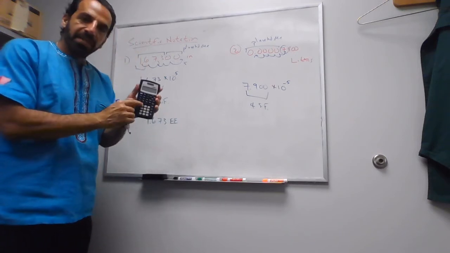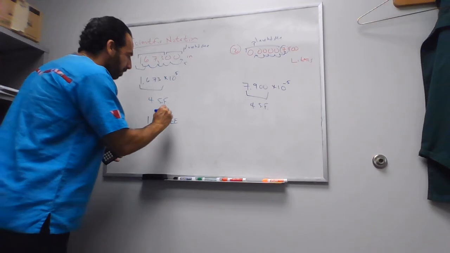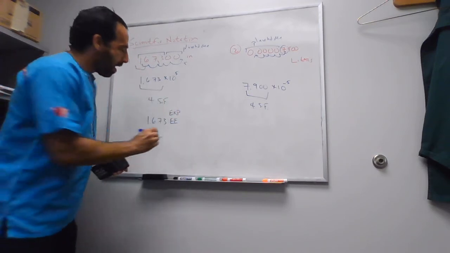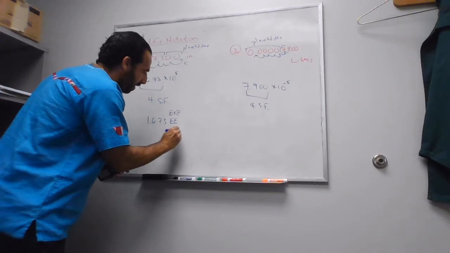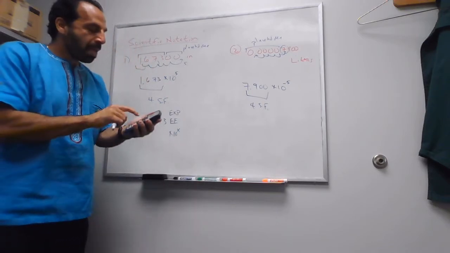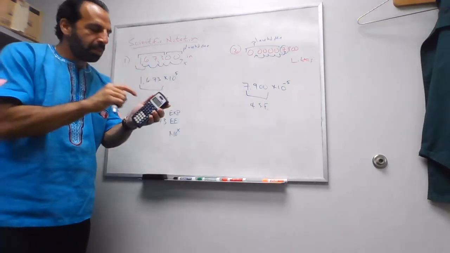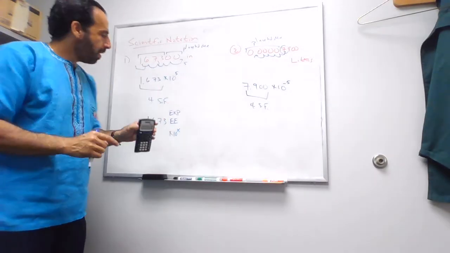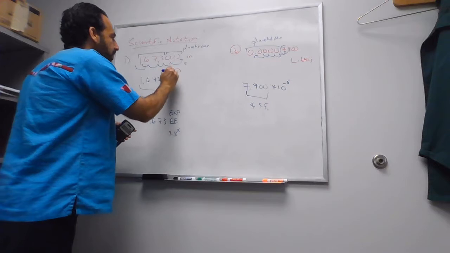My calculator has an EE key. Some calculators have an EXP key, and some have a times 10 to the X key, so any way you want to do it. For a TI, or Texas Instruments, I have to press second for the EE, because the EE is a second function. Then I just write the 5.